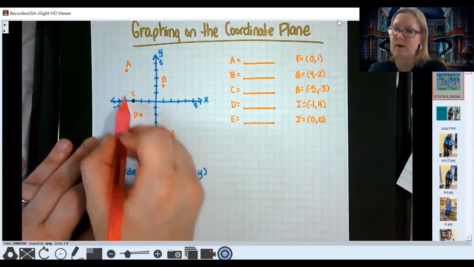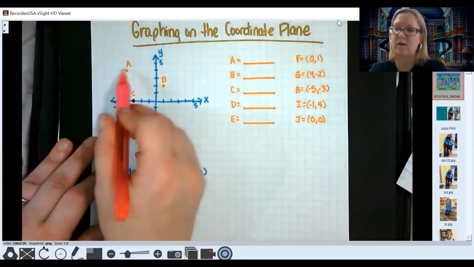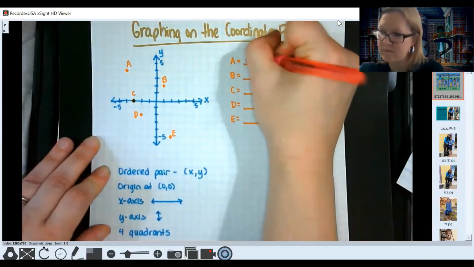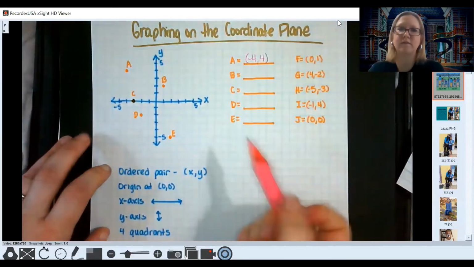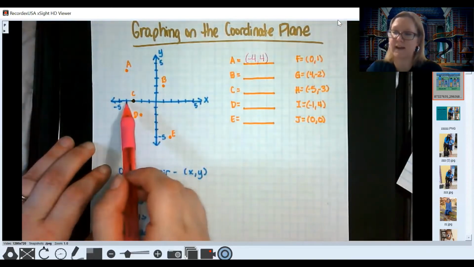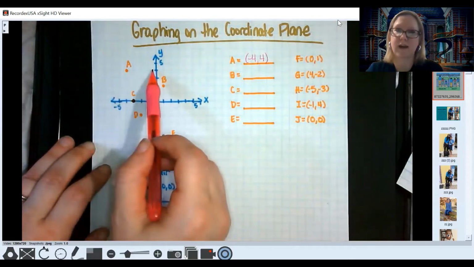Then we go up 1, 2, 3, 4 spaces. So our ordered pair for A is (-4, 4). Again, our x-coordinate is going across to -4, and then we went up to +4 on the y-axis.